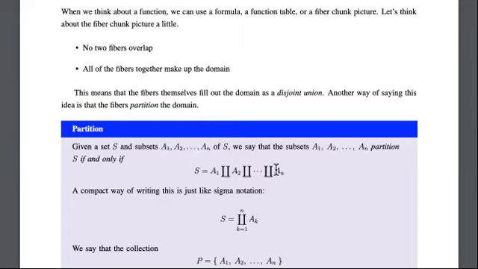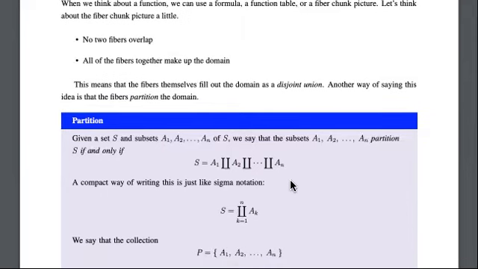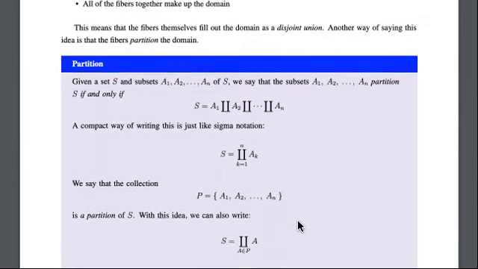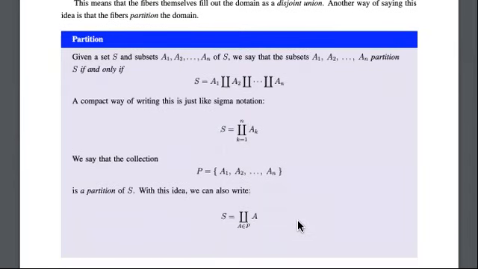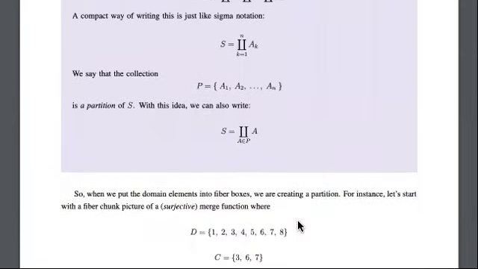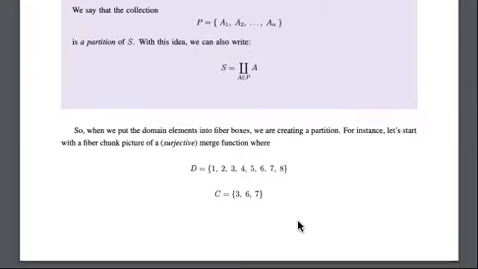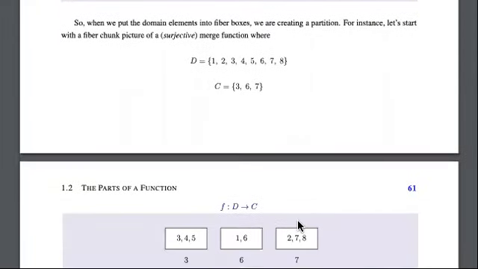They don't share any elements. They have no overlaps at all. And if we can do that with a set S, we've created a partition. So we've divided it into distinct disjoint pieces or boxes or subsets. That's really all this notation is talking about. You just take a set and you split it up into disjoint boxes. That's it. There's different ways of notating that.